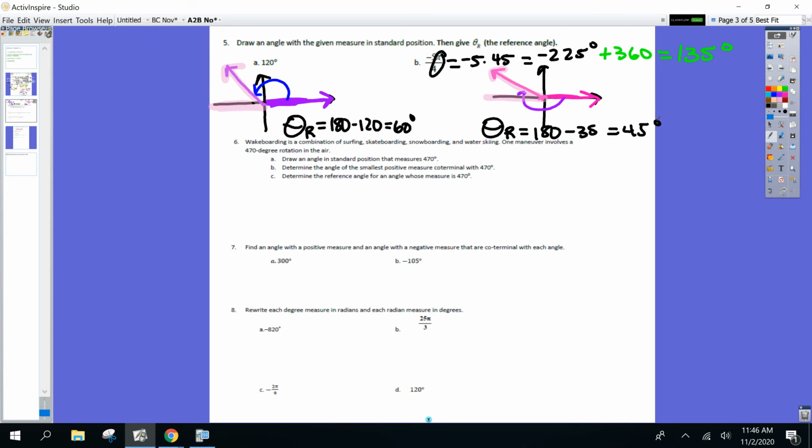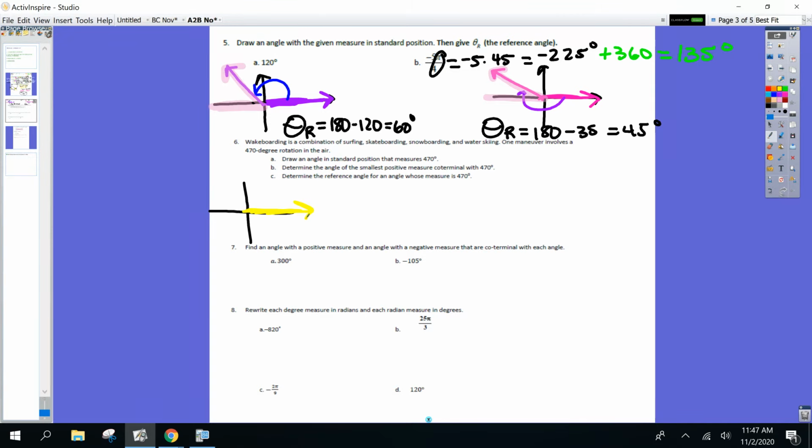And then I'm going to start skipping around so I hit some different types of problems. So number 6, you got a 470-degree angle. Draw it. 470. Whew. That's a large angle, isn't it? Make it smaller.